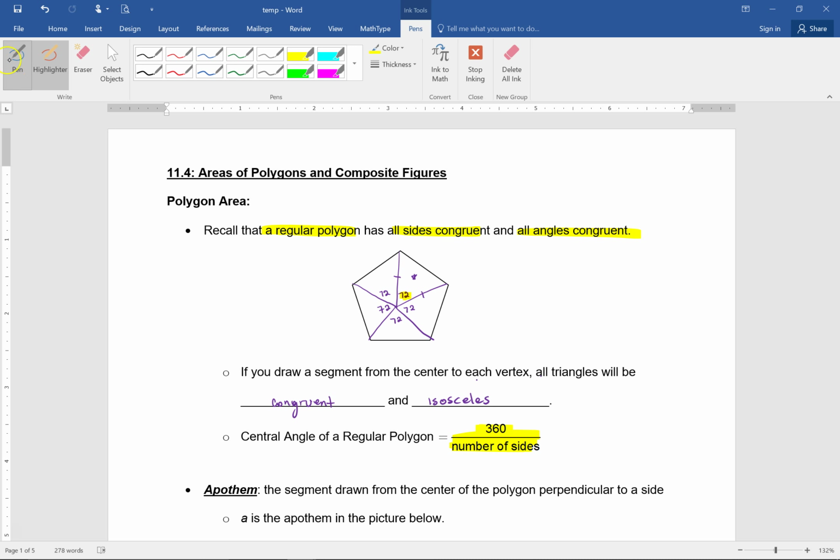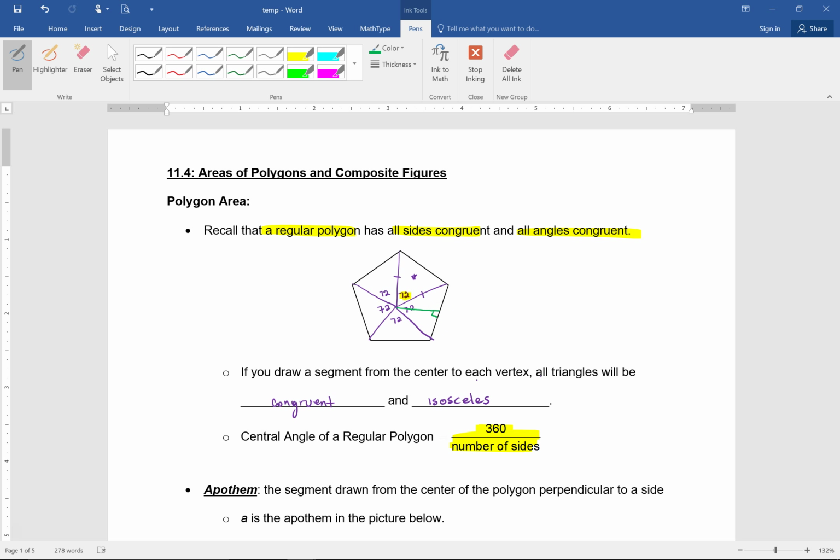Now, there is a special line that we can draw from the vertex of one triangle to the opposite side and perpendicular. So what is that? What do we call that? Is it a median? Is it an altitude? Is it a bisector? What have I drawn here? That's an altitude, okay?